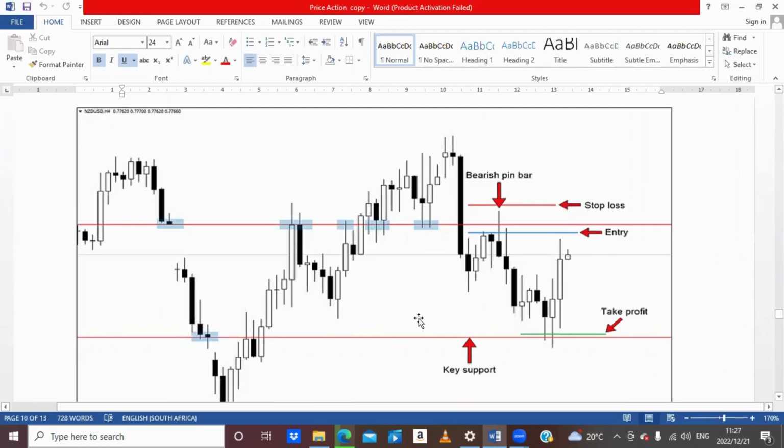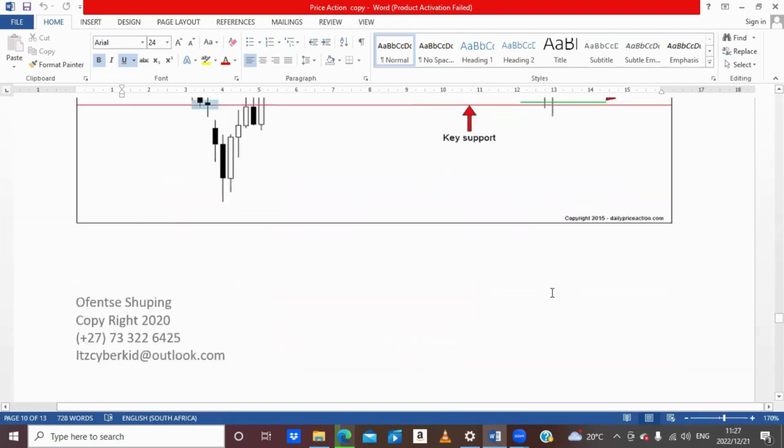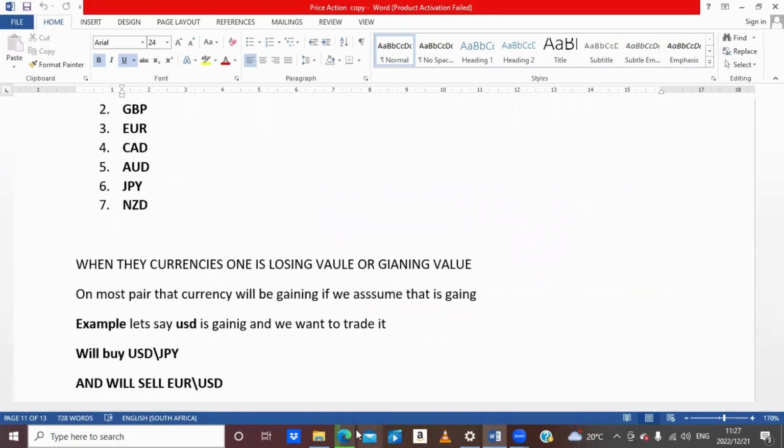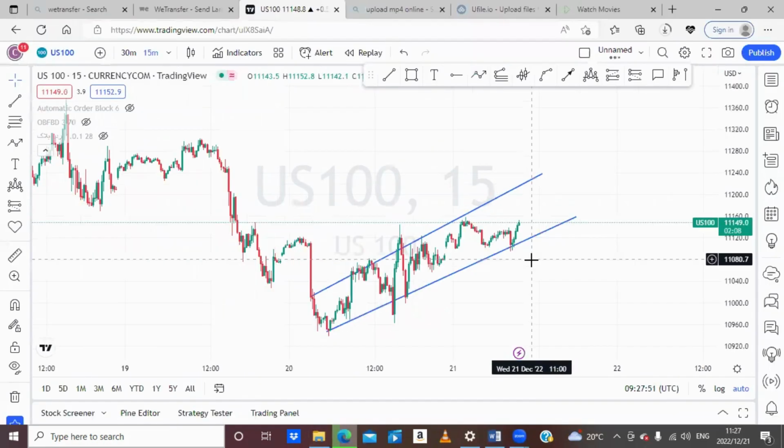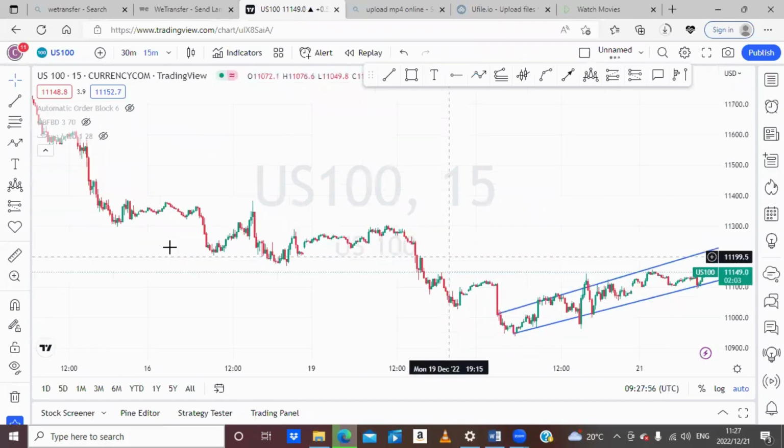Pay attention to what the market shows you, because it is very important for you to really understand what you are doing. Understand? So I expect you guys to keep on practicing.